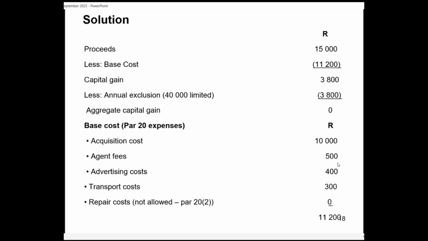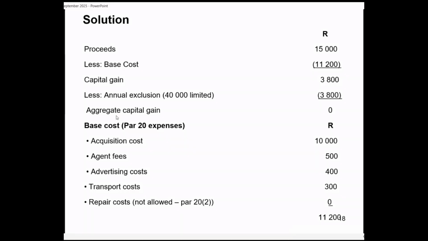Agency fees of 500 are included. Advertising cost is also included. Transport cost is also included. And repair cost is not included, it is not allowed in terms of paragraph 22 of the Eighth Schedule. So we applied both paragraph 20 and 22.